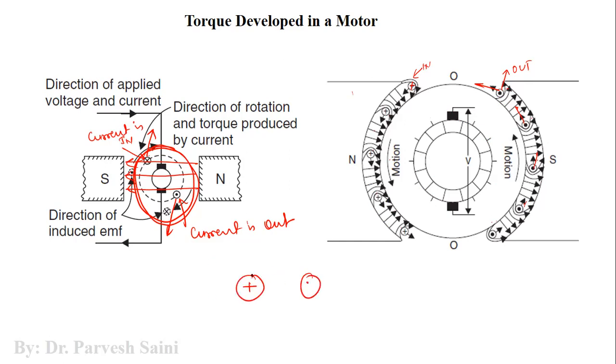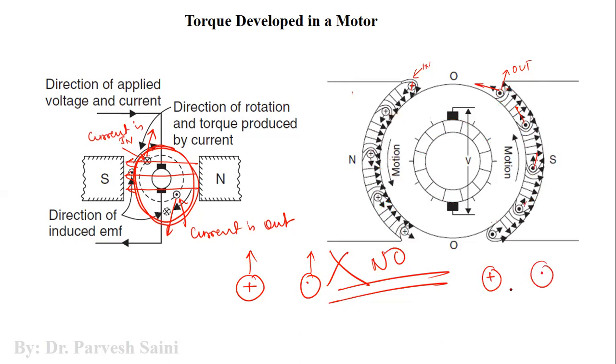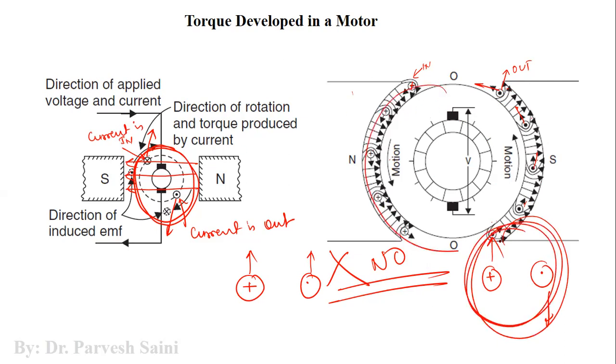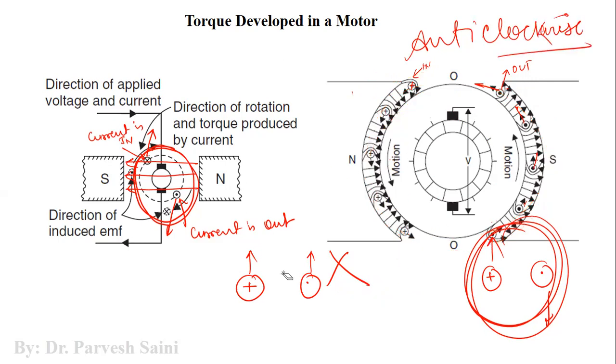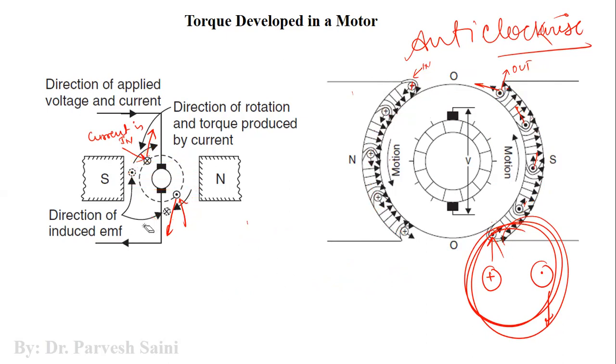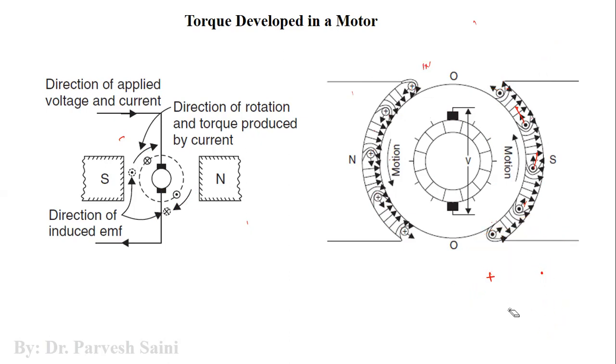The two conductors will always have opposite directions so that they can rotate in a particular direction, and hence in this case the motor will rotate anti-clockwise. So this is how we get the rotation in the motors.